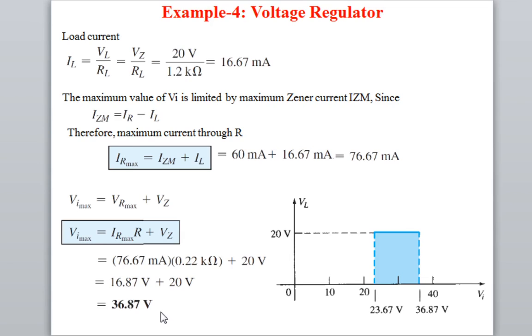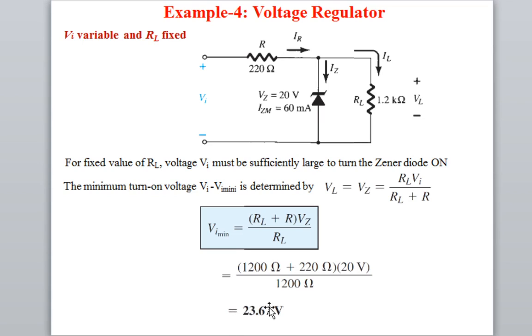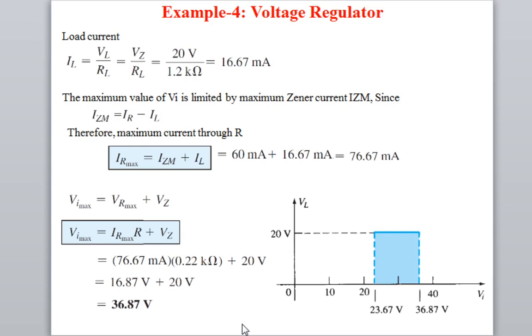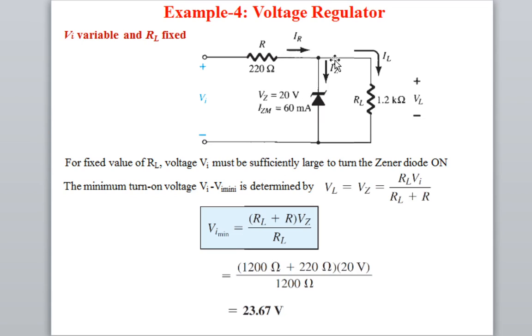What do these two numbers mean, this 36.87 volt and this 23.67 volt? They show that if your input voltage is equal to or above 23.67 volt and less than or equal to 36.87 volt, then for this given circuit, your Zener diode circuit is behaving like a voltage regulator and your output voltage is constant.